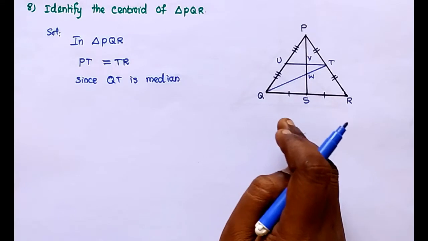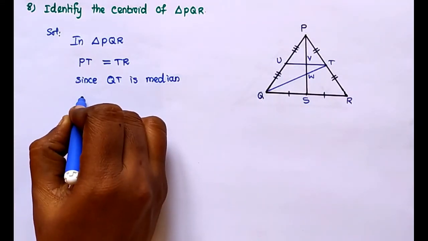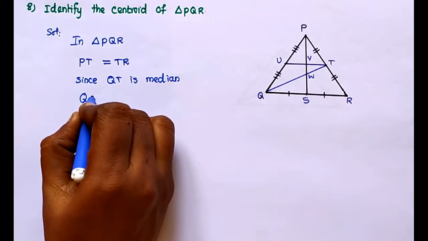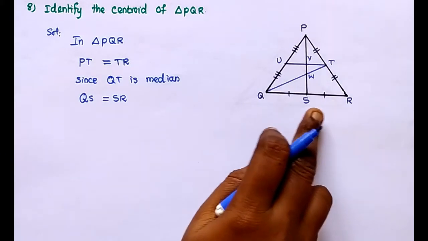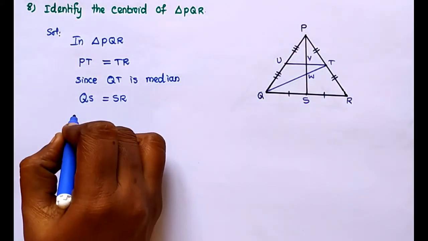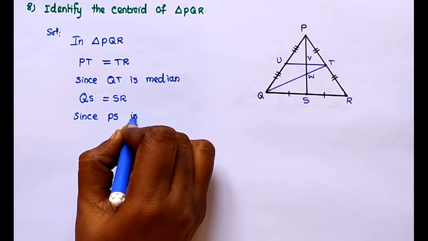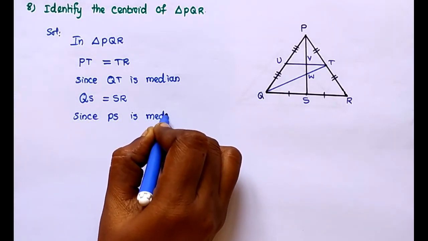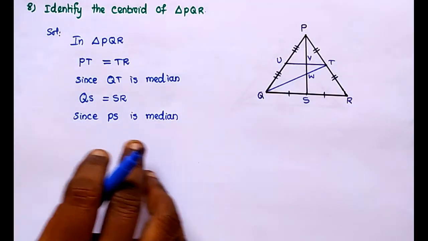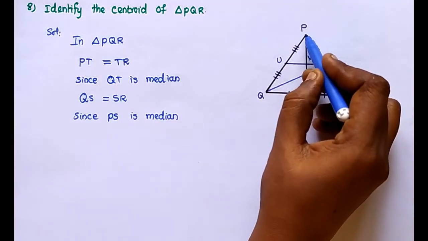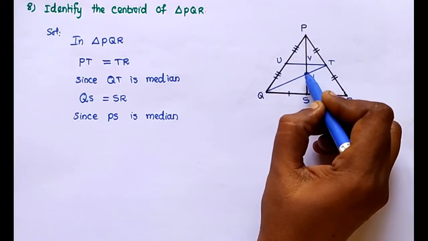And the next one, QS equal to SR. Here which one is the median? PS is the median. Since PS is median. Listen, here PS and QT meet at the point, this one.